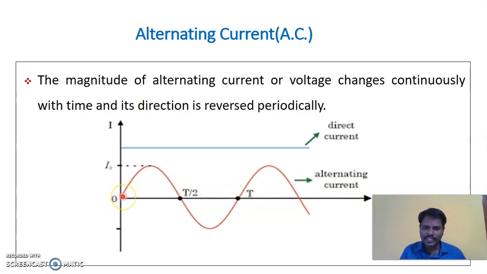To understand better, look at this. The magnitude of the current is changing continuously with time and the direction is changing for every half cycle, and this is called alternating current.